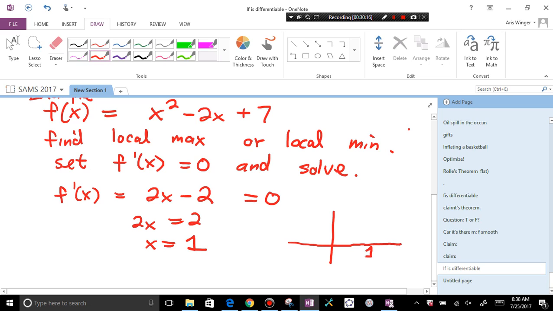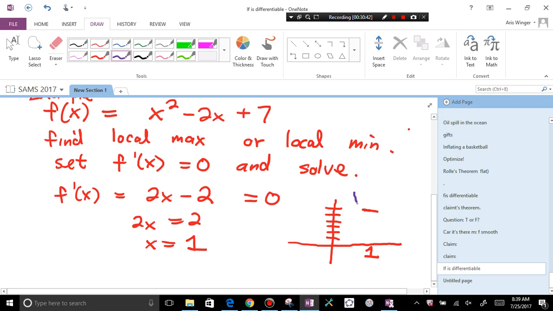But we know only one of 3 things can happen at 1. At 1, it looks like it's 6, right? 1, 2, 3, 4, 5, 6. This thing's nice and smooth, and we know that at 1, it's flat. The tangent line is horizontal, and we know it's doing one of 3 things, basically, or one of a few things.